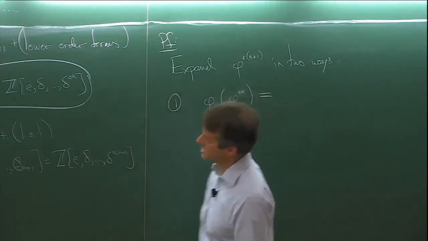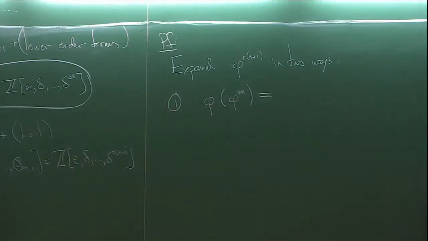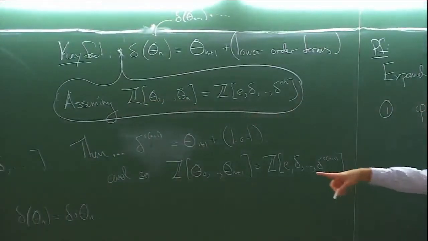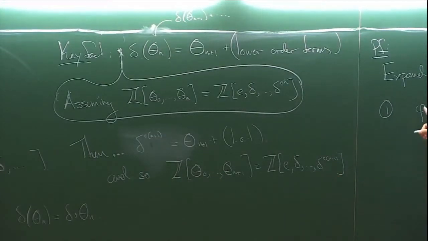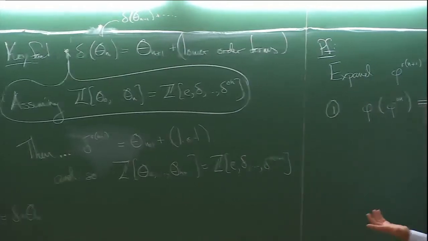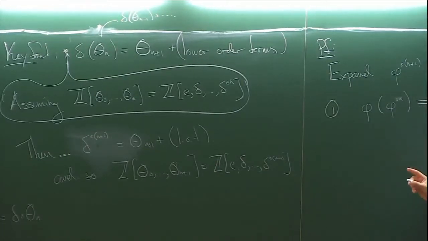Now, to prove this, we're of course going to have to use the definition. We apply phi to that sum, and phi is a ring endomorphism. It's not a p-derivation or some crazy operator, it's just a normal ring endomorphism.